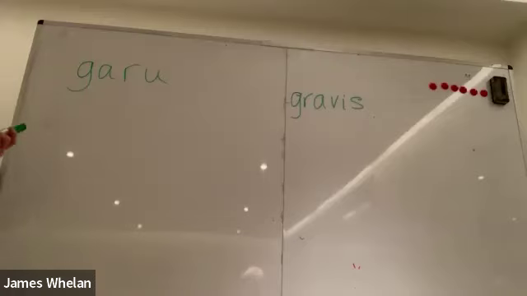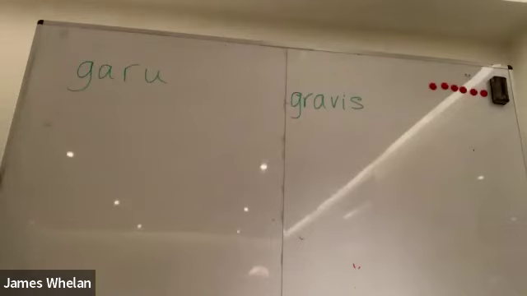So garu means heavy, but it also has a secondary meaning of somebody that is worthy of respect. A heavyweight, think of a heavyweight rather than a lightweight. They started off as terms of boxing, but then we talk about a heavyweight scientist or something like that.